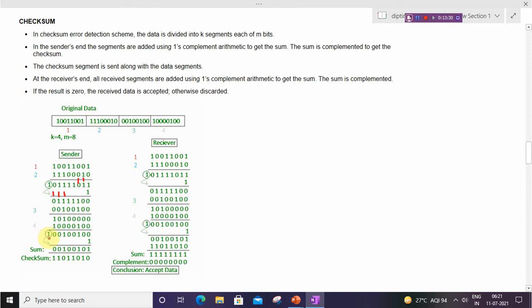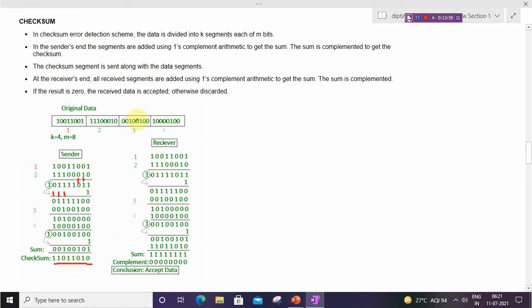And again this carry is added with this data unit, giving 1 0 1 0 0 1 0 0. Okay, this is the sum. Then we have to complement the sum. Complement means 0 becomes 1 and 1 becomes 0. So 1 1 0 1 1 0 1 0. So this is the checksum value.